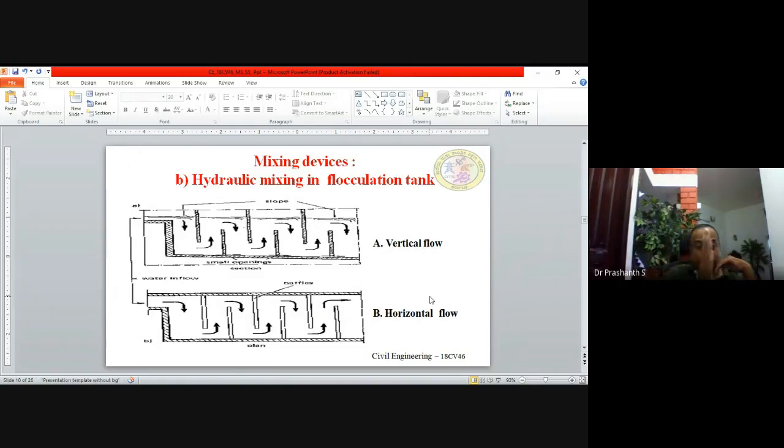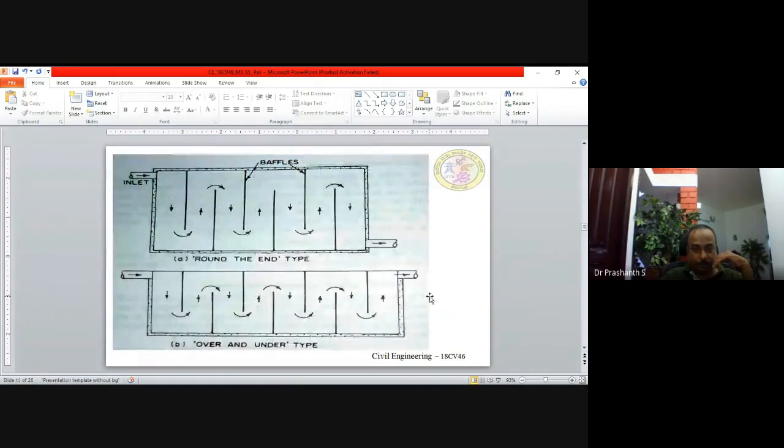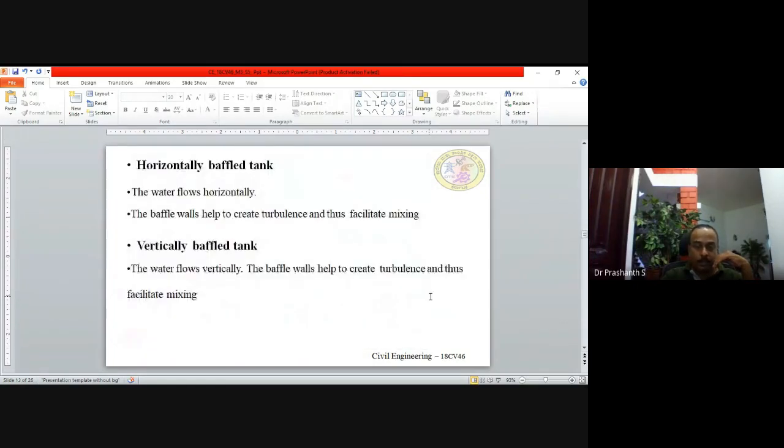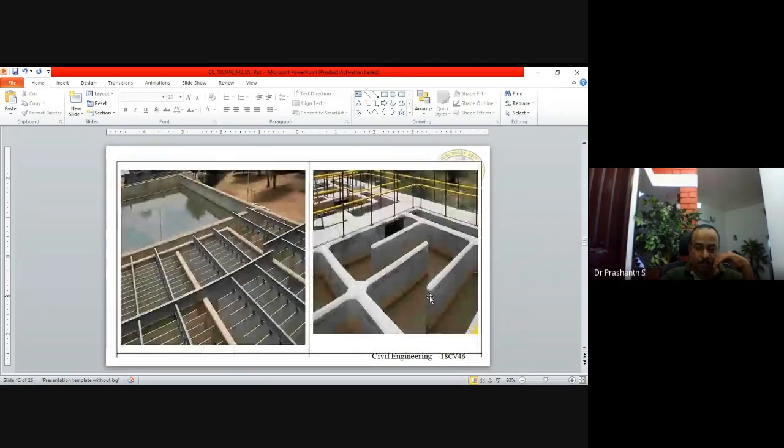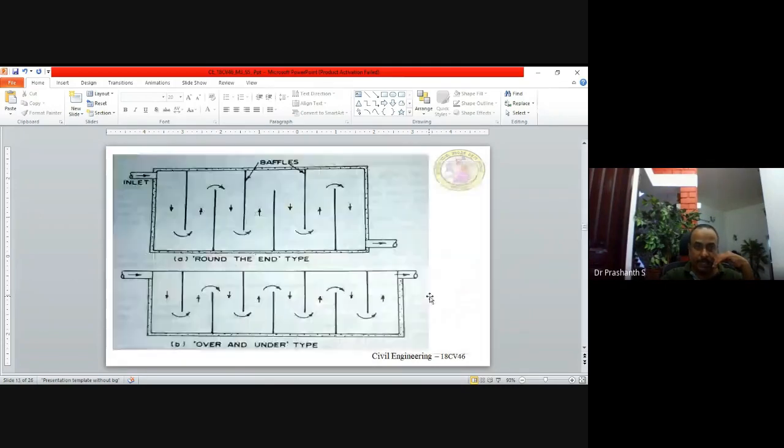Horizontally, you can provide baffle walls. There also you can have a mixing device. The water will be mixed with the coagulants, or you can use this baffle tank, or you can use mechanical mixers.